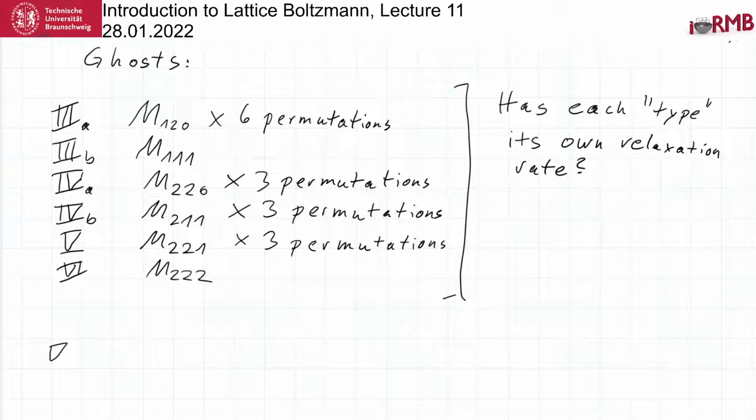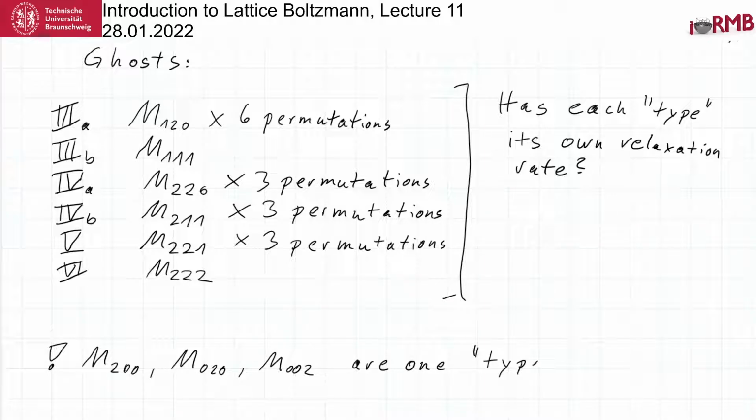So if this happens to the second order moments, we have to ask whether this also happens to the other moments. So the moments M200, M020, and M002 are one type, yet we take different relaxation rates for them.